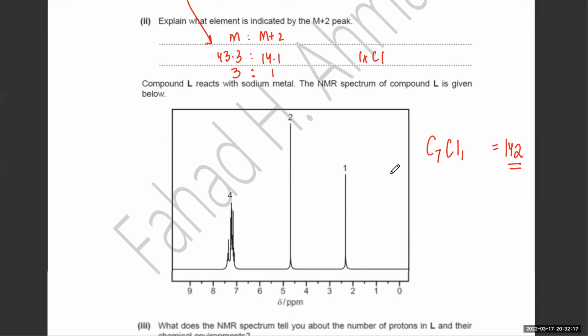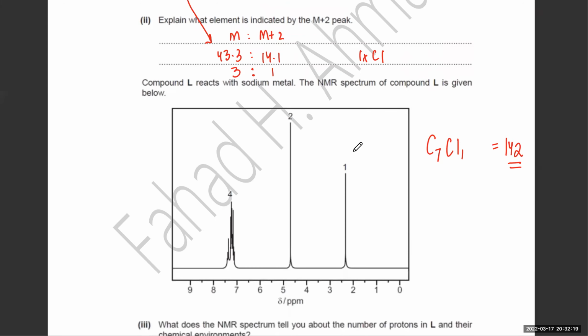Then they show me the NMR spectrum for this. So what do you think is missing? How do you get to 142? What's 7 carbons? 7 carbons is 12 into 7, right? And there is 1 Cl, so that's 1 into 35. Remember, I'm talking about the M peak. The M peak is the lighter. It's made due to the lighter isotopes.